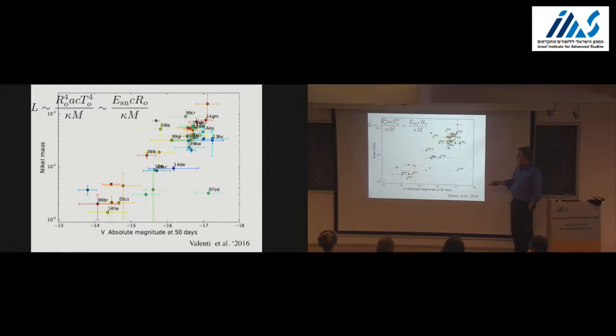Okay. Versus the nickel mass. So here's 0.1, 0.01. Okay. So remember a factor of 1 in magnitude. So this is basically 2.5 magnitudes of diversity in the peak, the plateau luminosity.